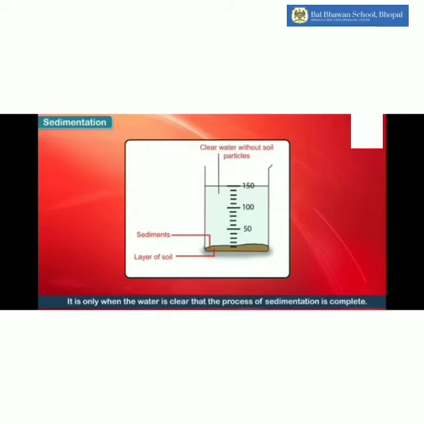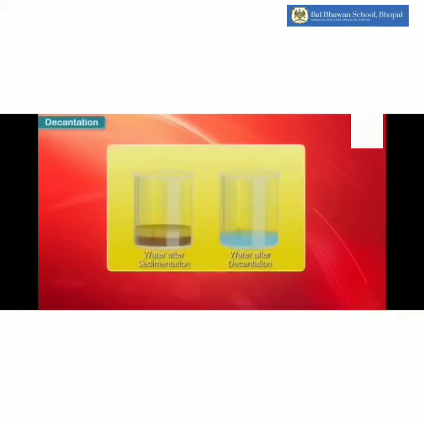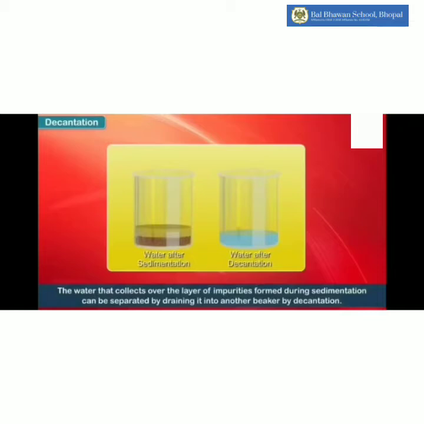Now, in order to increase the rate of sedimentation, we can use certain chemicals like alum, and we call that process loading. The solid impurities that settle down at the bottom of the vessel are called sediments. Now, after sedimentation, you'll see that there will be two layers formed.